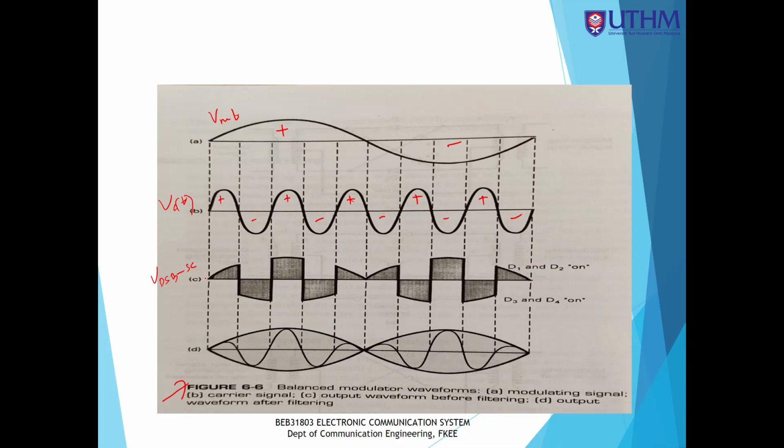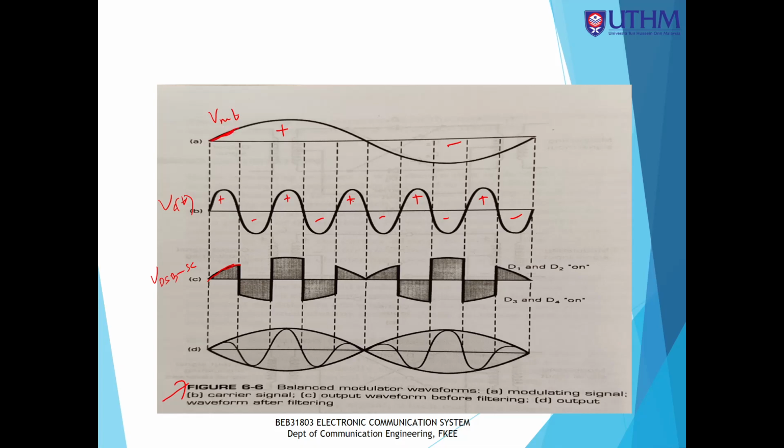When D1 and D2 switch on, it will produce the output, so the shape of the output follows the shape of the input.